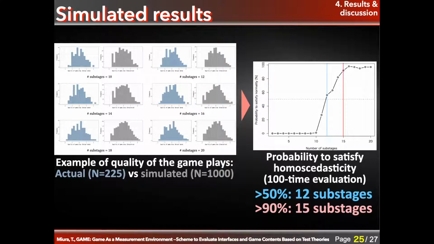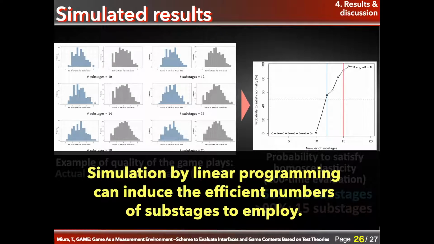In our case, the stage generated by 12 substages satisfied homostasticity in 50% or more, and that by 15 substages in 90%. Thus, the simulation by the linear programming can induce the efficient numbers of substages to employ for evaluation.